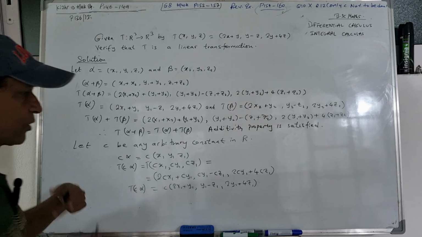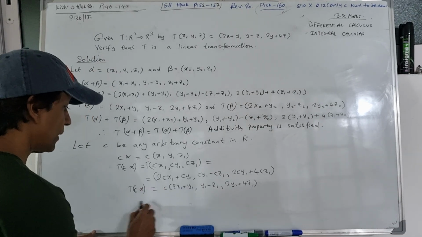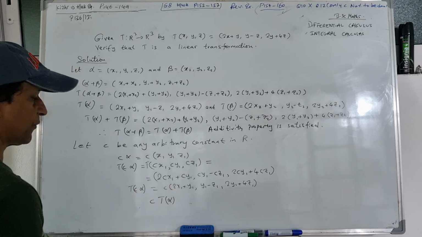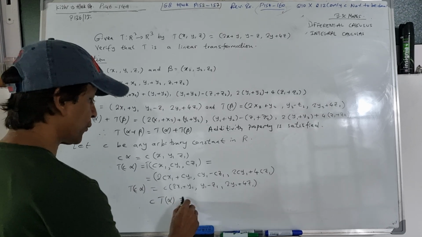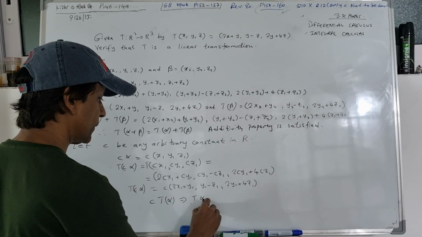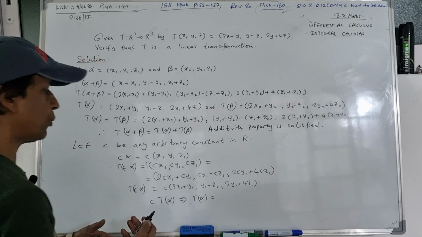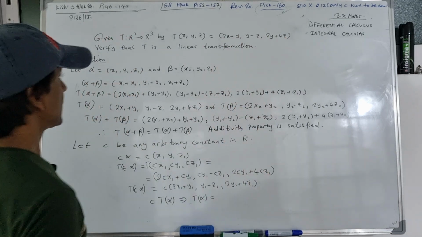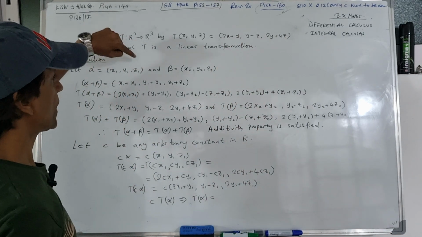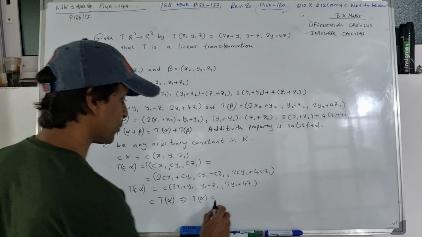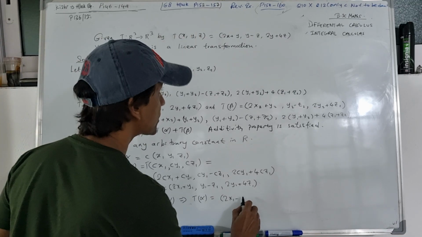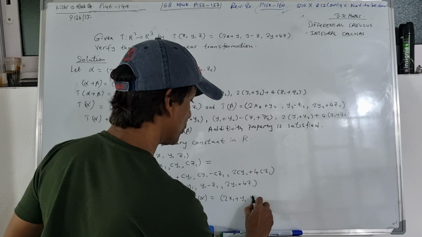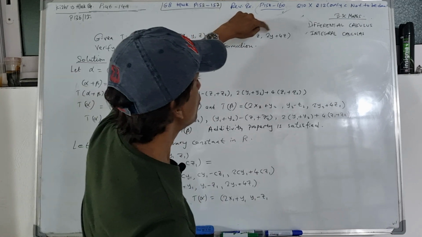Let us see if this corresponds to putting my C outside and then applying the transformation on alpha. First, T alpha transforms the vector alpha into the image. Alpha is x1, y1, z1, so if I transform this, I get 2x1 plus y1, y1 minus z1, and 2y1 plus 4z1.